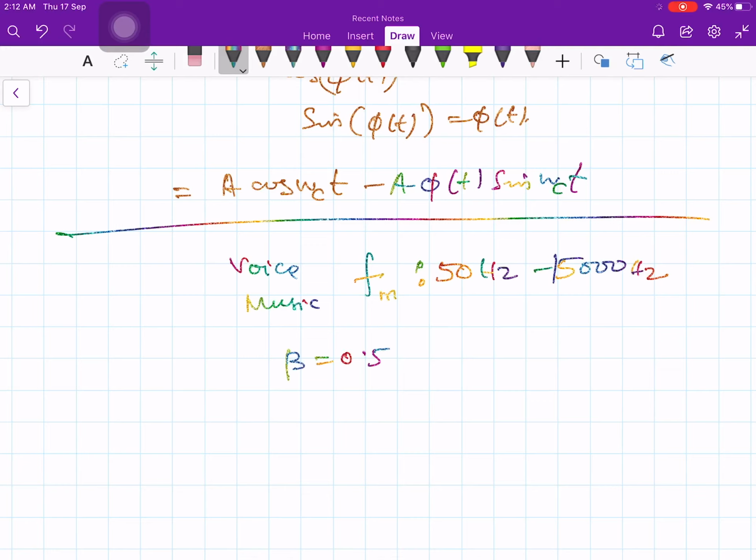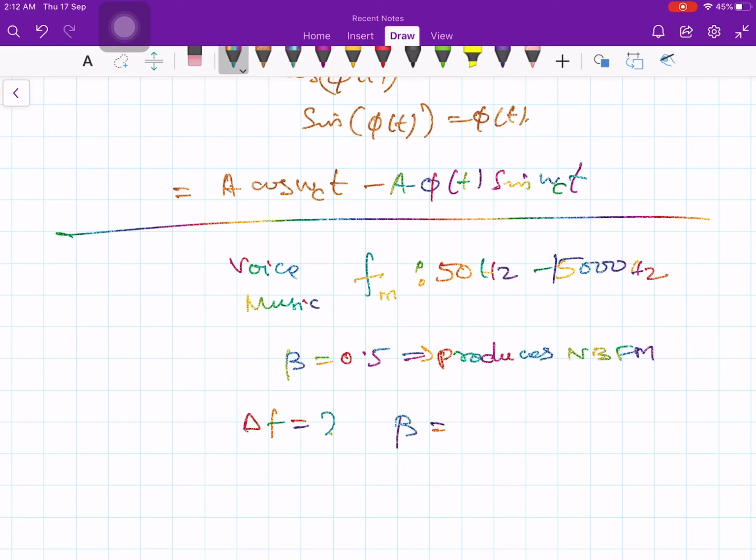I mean, this is less than 2 pi, therefore we assumed beta is equal to 0.5, which produces a narrowband FM signal. Now how will I find delta f in this case? I need to find delta f. What is the relationship between beta and delta f?